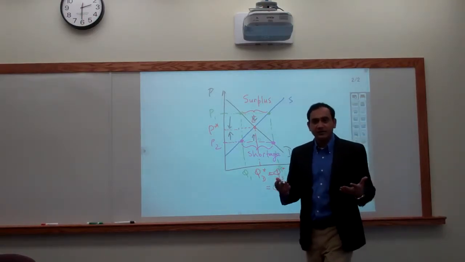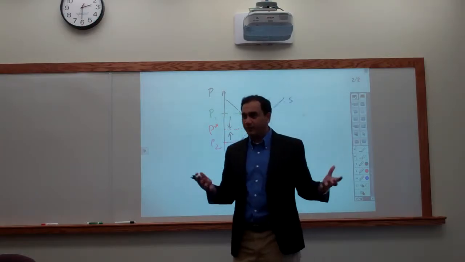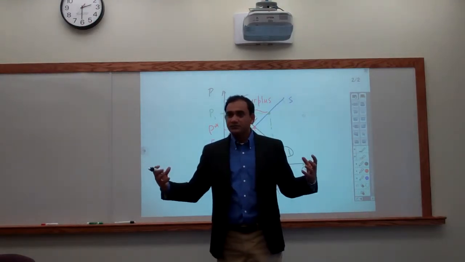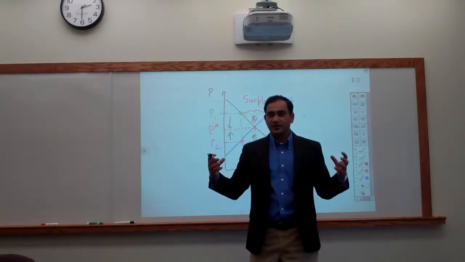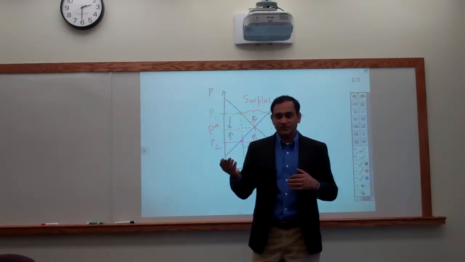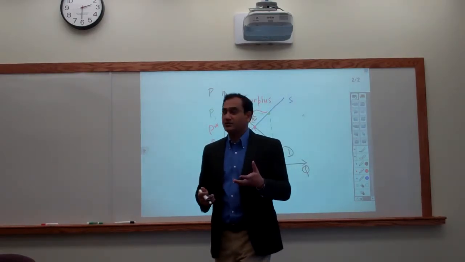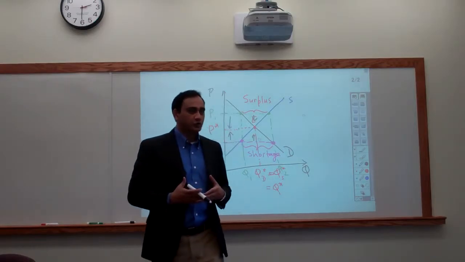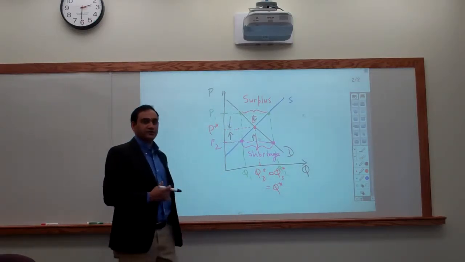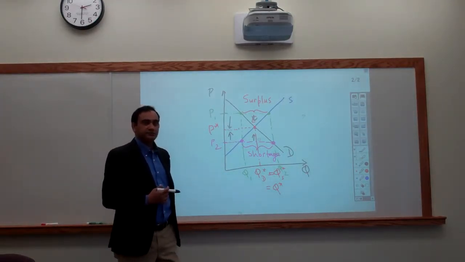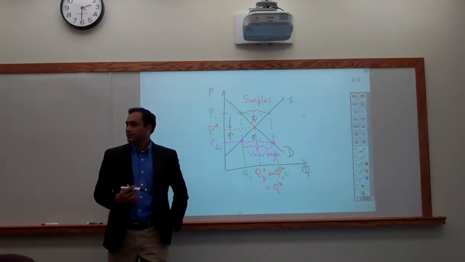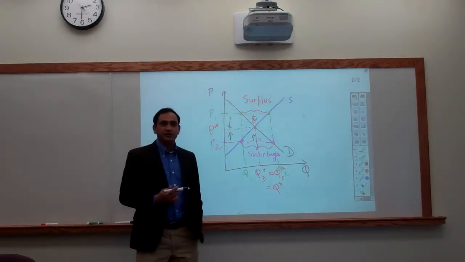If you disturb it, you choose any other price, P1, P2, right? The price would adjust, right? Either it will fall if there is surplus, or rise if there is a shortage, and eventually come back to P star. That's your equilibrium price in the market, state of balance. Is that fine with everybody so far?